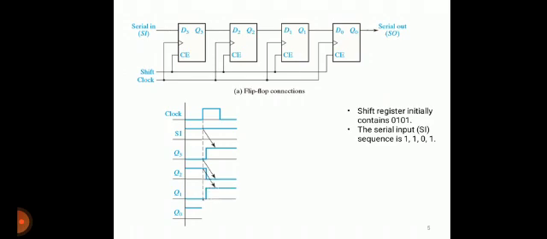Next Q1. As we know that Q2 was 1 previously, that 1 will be shifted to the next flip-flop and hence D1 becomes 1, so Q1 is equal to D1, so Q1 is equal to 1. And you can see here the previous output of Q1 was 0, and hence now it will be shifted to the last flip-flop and hence Q0 will be equal to 0.